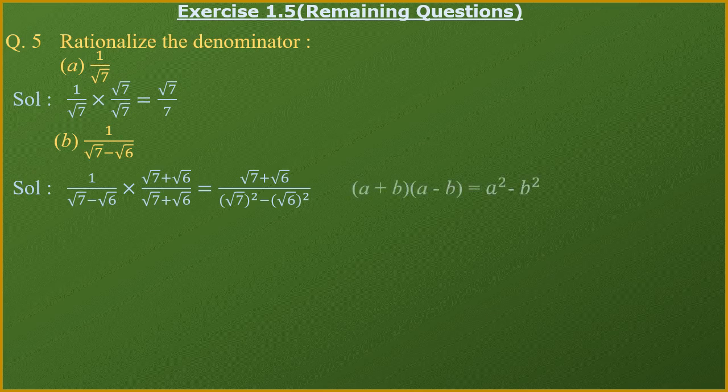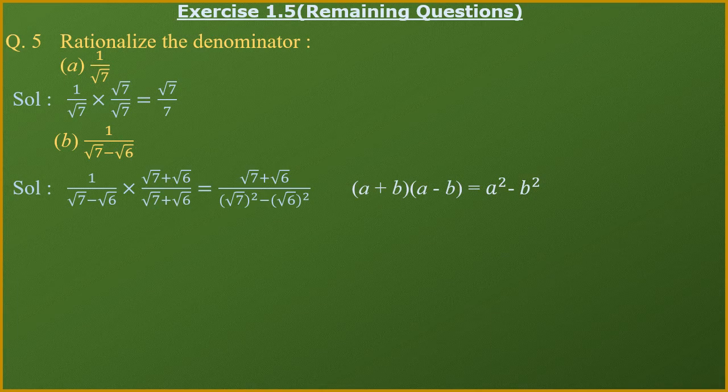For this I am using one formula. From your right side, the formula I am showing you: a plus b into a minus b is equal to a square minus b square. So how are we using this formula? First of all, observe a plus b is given in the denominator. Second, the denominator you observe, that is root of 7 plus root of 6.